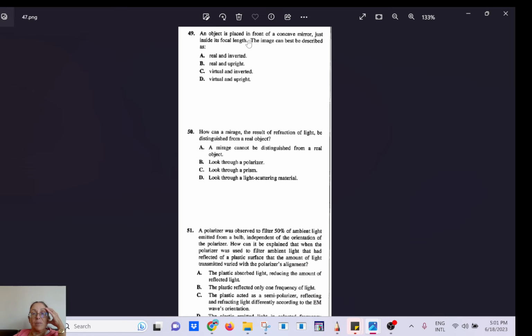So if an object is placed in front of a concave mirror, which is a converging mirror, inside its focal length, the image can be best described as, well, it's going to be like a magnifying glass, right? It's going to be virtual and upright.